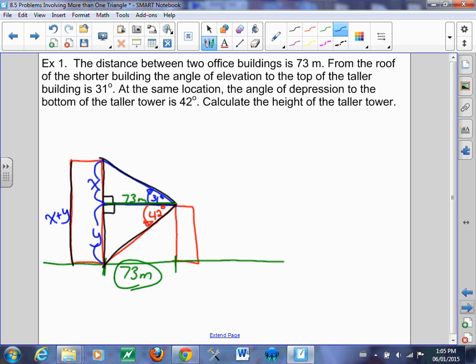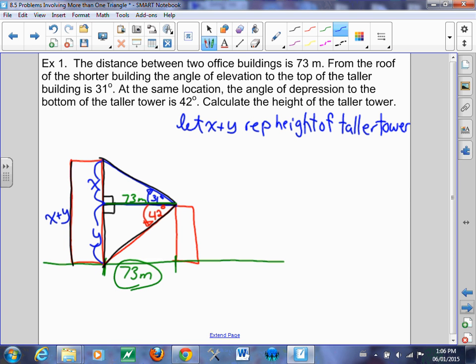Everybody okay with that? With these questions, we're using more than one triangle to help us. So I'm going to write down: let x plus y represent the height of the taller building or taller tower.